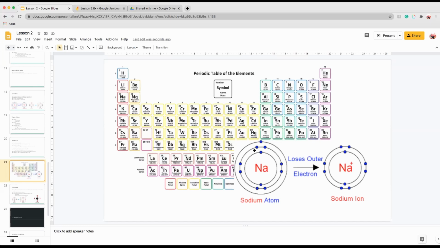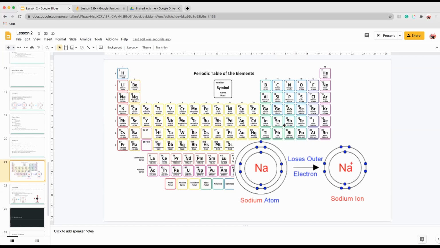So in period 2, the energy shell 2 can only contain a maximum of 8 electrons. And then shell 3, for sodium, its third shell isn't full, but the max number of electrons shell 3 can have is also 8. If you keep going, the fourth shell can contain about 18, and the fifth shell 18.